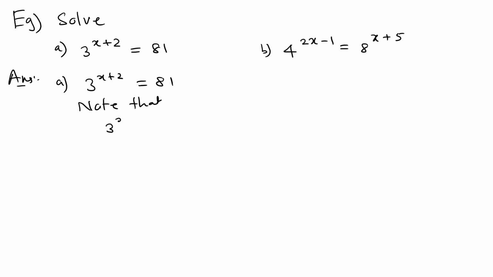Note that 3 to the x plus 2 equals, you know that 81 is 3 to the 4. So this is 3 to the 4, that's 81. Now you can see that they have the exact same base. Since the bases are the same, you can simply equate the exponents. So the exponent has to be the same.